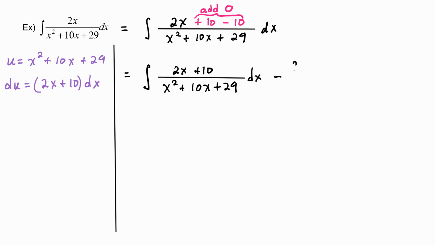minus the integral of 10 over x squared plus 10x plus 29. And this minus sign right here is from this minus sign up here in the numerator. Now this first integral, we can do a substitution.